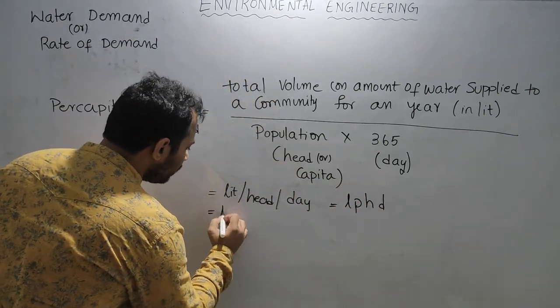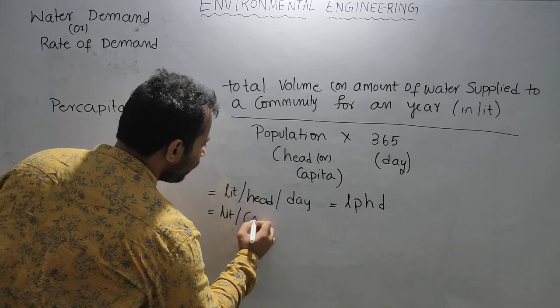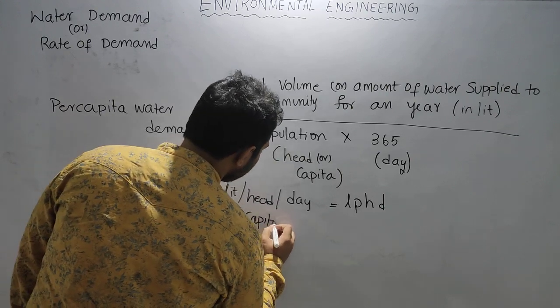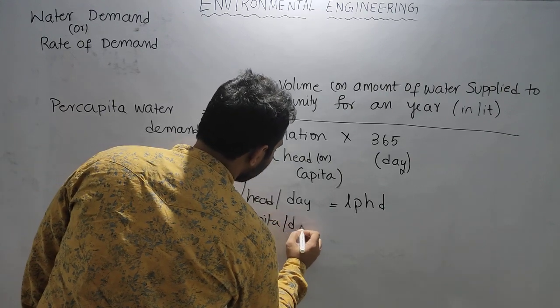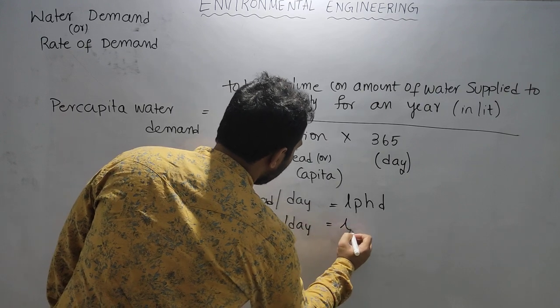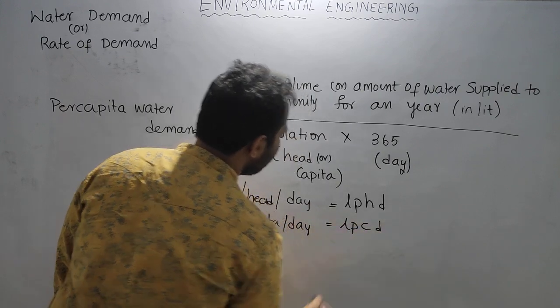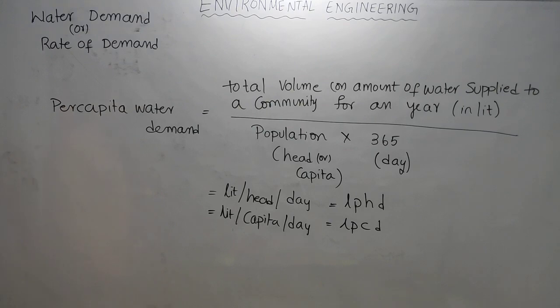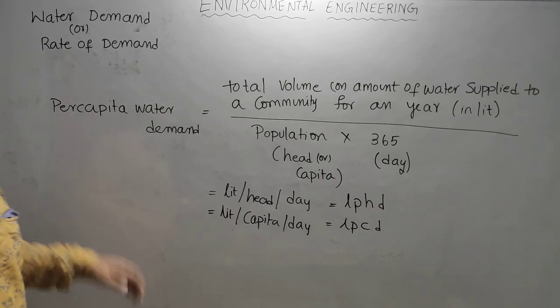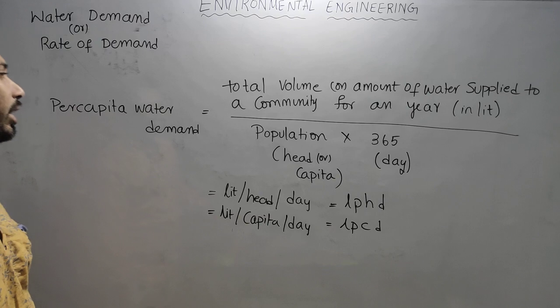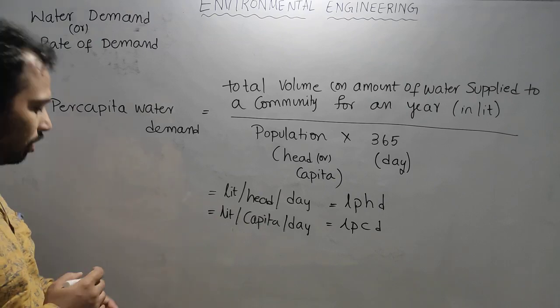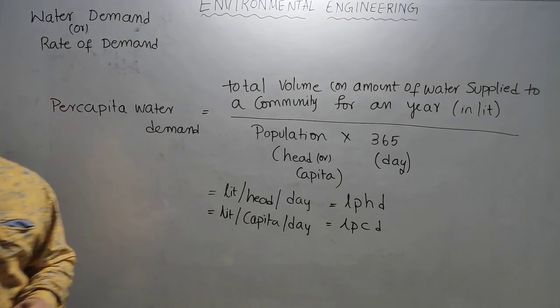Similarly, we can write this as liter per capita per day, LPCD. So using this formula, we can find the per capita demand of water of a community.